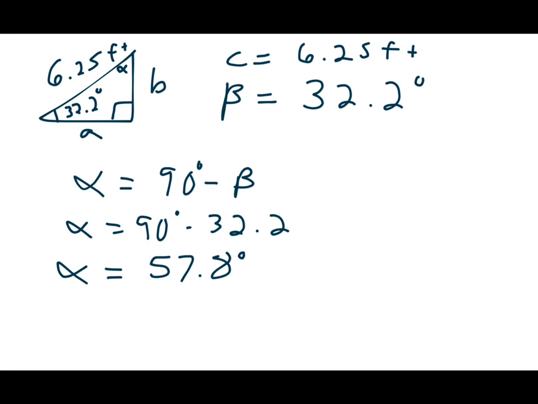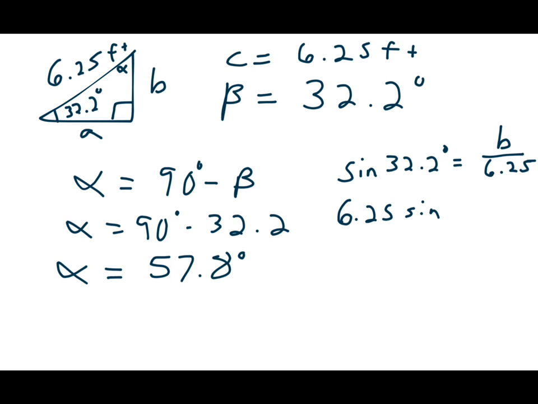So we're given beta. So we know that sine of 32.2 degrees is opposite over hypotenuse. Okay, so there we just solve for b, which is when you multiply both sides by 6.25, you get sine of 32.2 degrees.